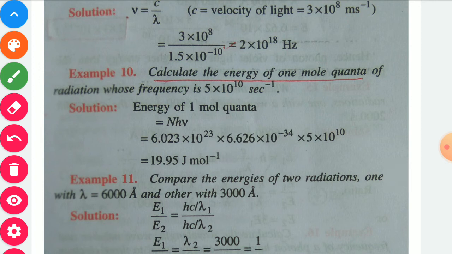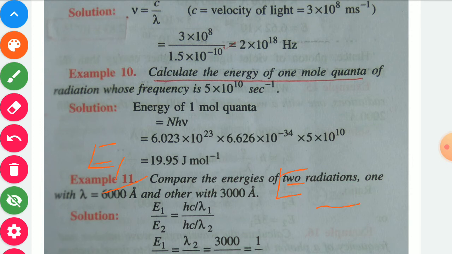Now the next question: compare the energies of two radiations, one with lambda 6000 angstrom and the other of 3000 angstrom. Here we have to compare. Let the wavelength lambda equal to 6000 relate to energy E1, and the wavelength 3000 relate to energy E2.